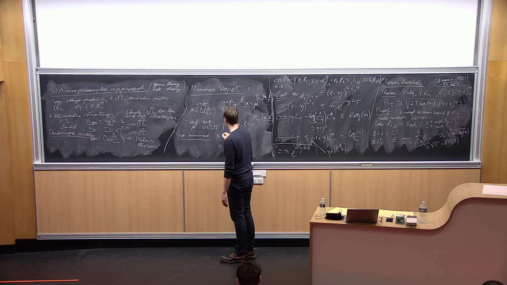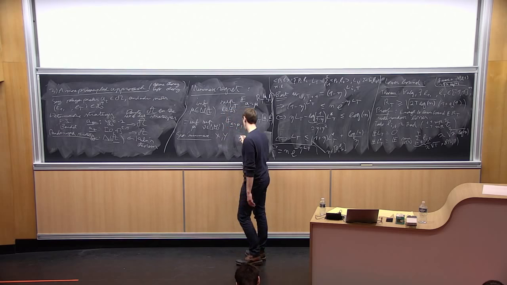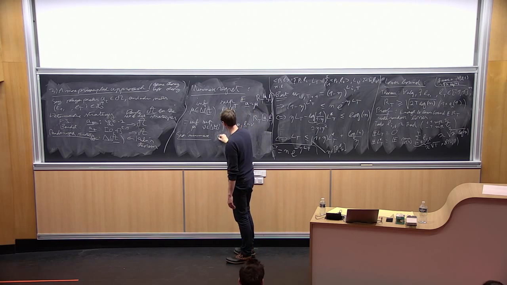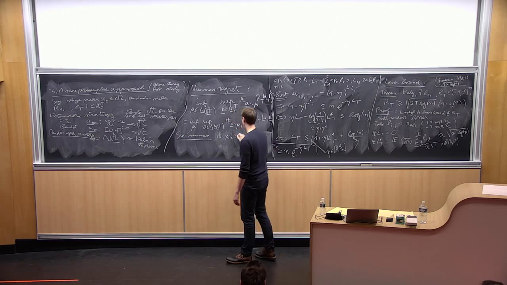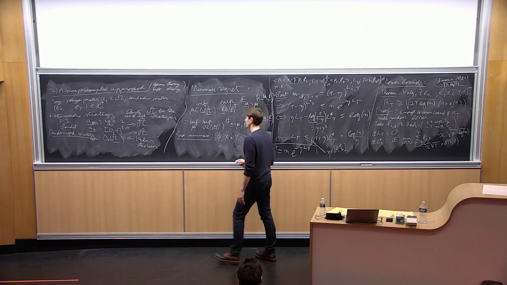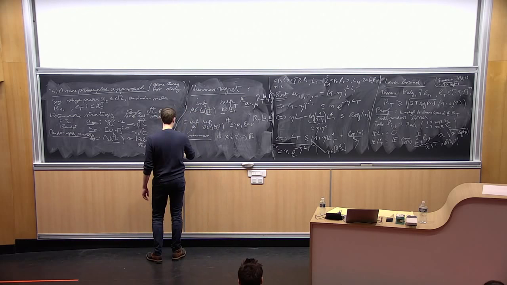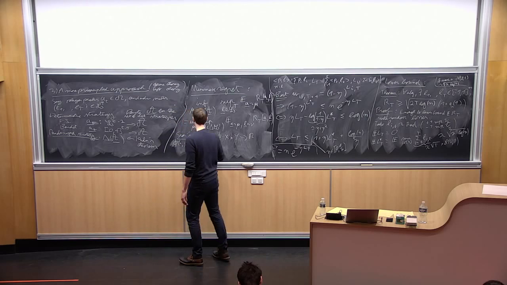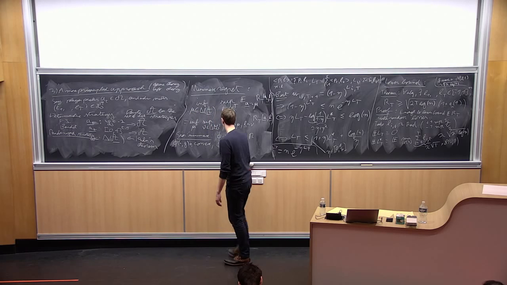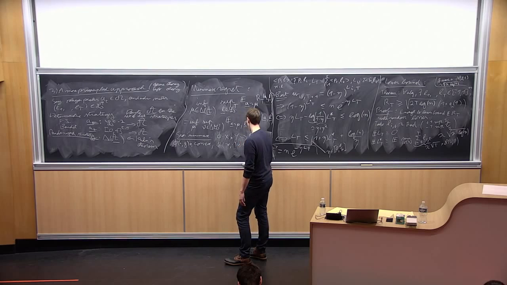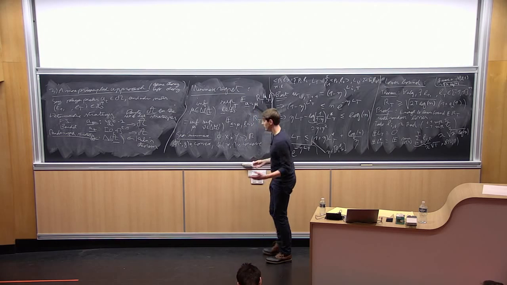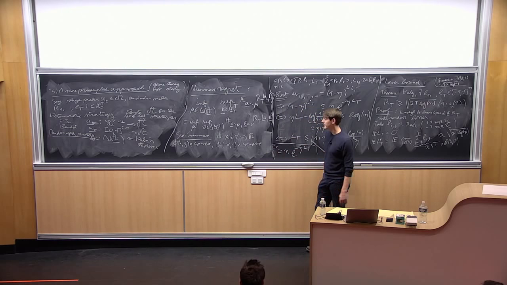If you have X and Y, and let's say I have a phi from X times Y to R, which is convex, so phi(., y) is convex, and phi(x, .) is concave. So phi is convex in the first argument and concave in the second argument.